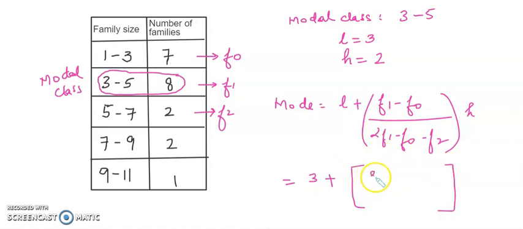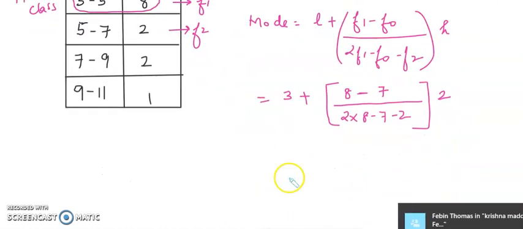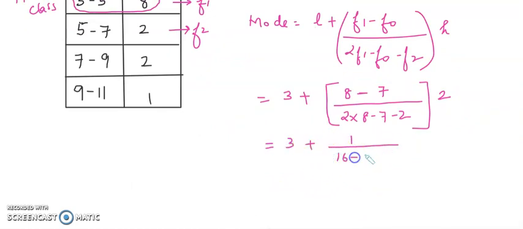F1 means the frequency of the modal class, 8, minus the one before, 7, divided by 2 times 8 minus 7 minus 2, multiplied by the class height, which is 2. That equals 3 plus 1 over 16 minus 7 minus 2, multiplied by 2.